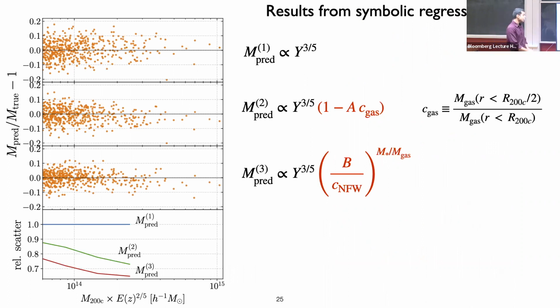These were quite simple. We were a bit surprised by finding relations which are this simple. In the middle, it is using Y to the 3/5 times 1 minus a constant times the concentration of the gas. This concentration of gas I've defined as the mass of the gas in the center divided by the total mass. Again, you have an equation with the NFW concentration.